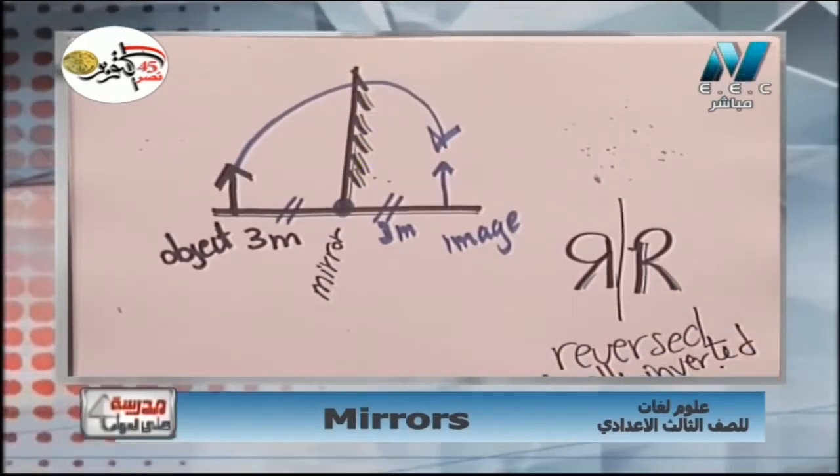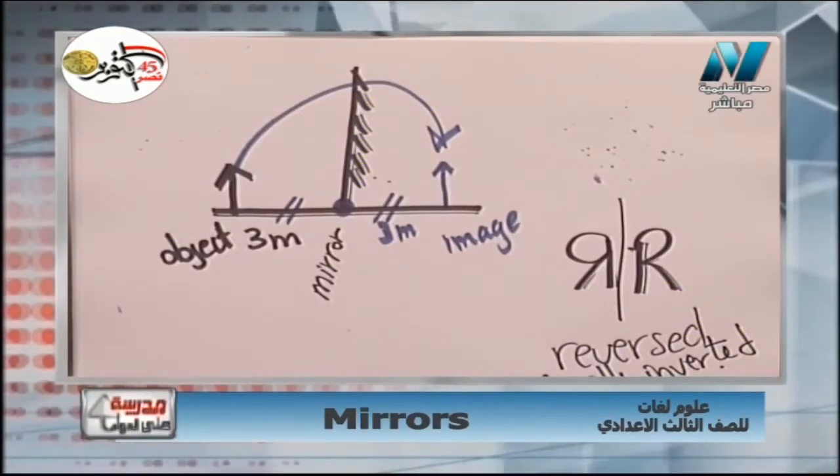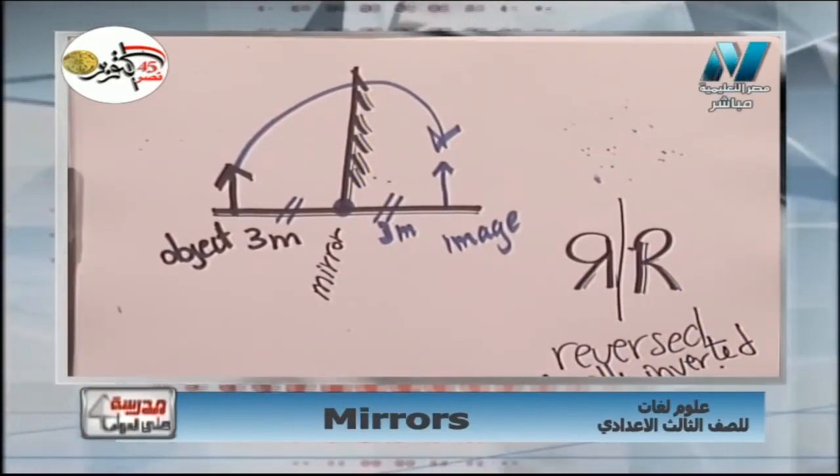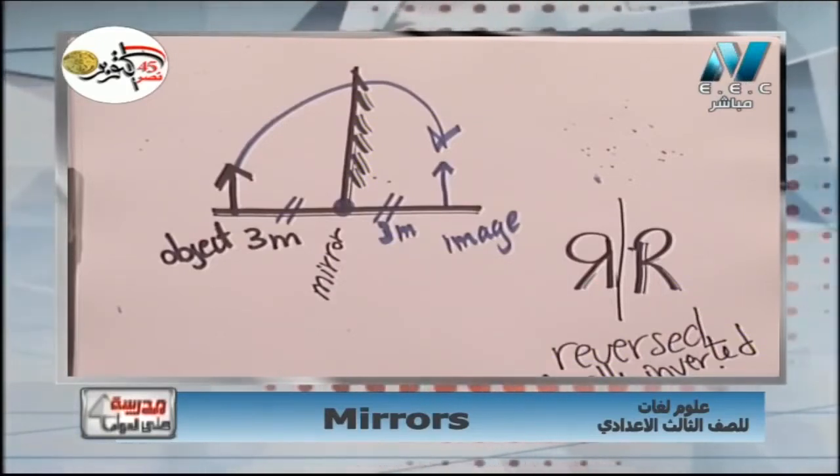Okay, so how many properties do we have for the plane mirror? Let's say it again. The properties of the plane mirror: Number 1, the image formed by the plane mirror is equal in size to the object. Number 2, the image is virtual. What is meant by virtual?